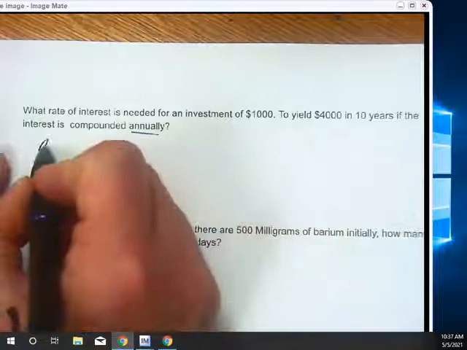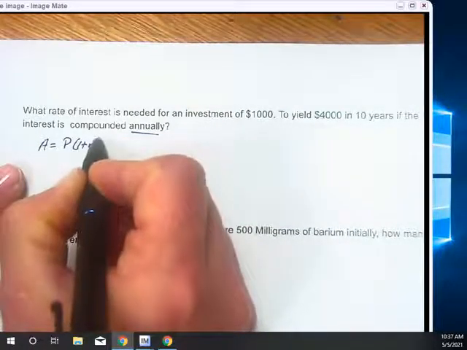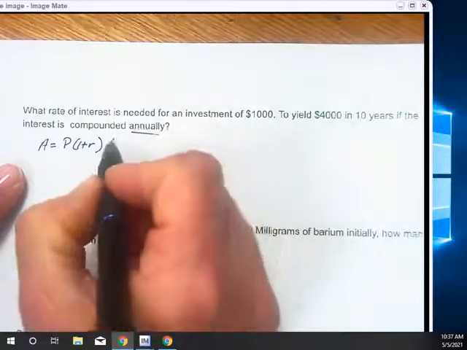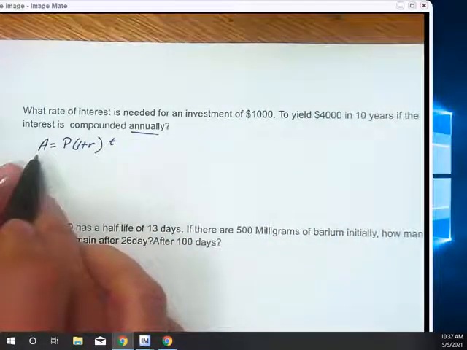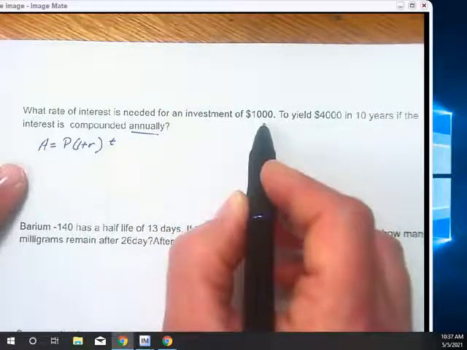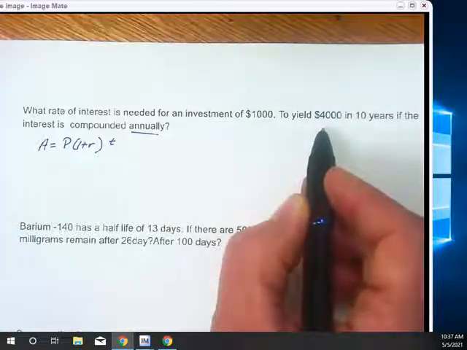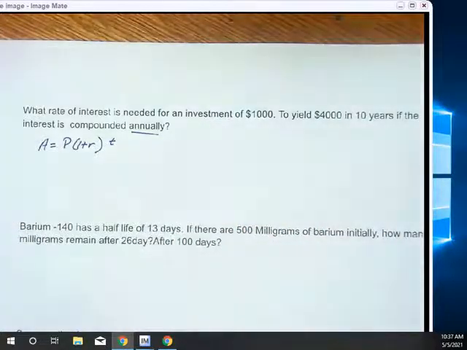So we're going to start with our first formula, 1 plus r raised to the t power. If we want an accumulated interest and we are going to invest $1,000 to yield $4,000, where are we going to put the numbers in that formula?